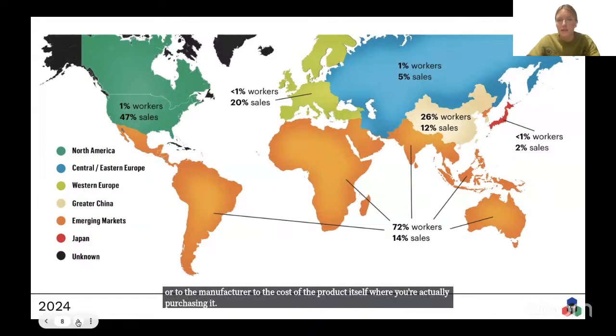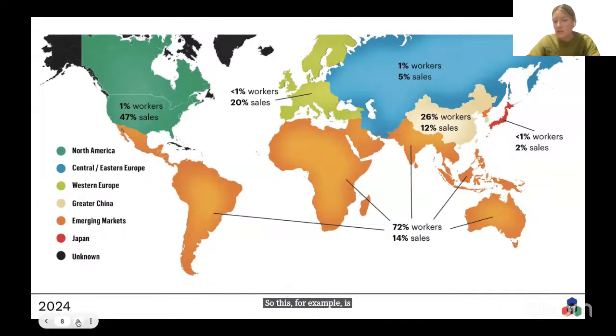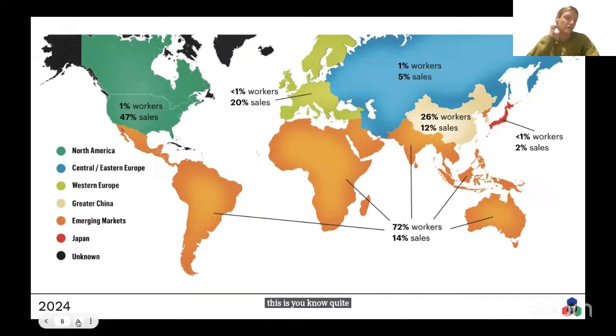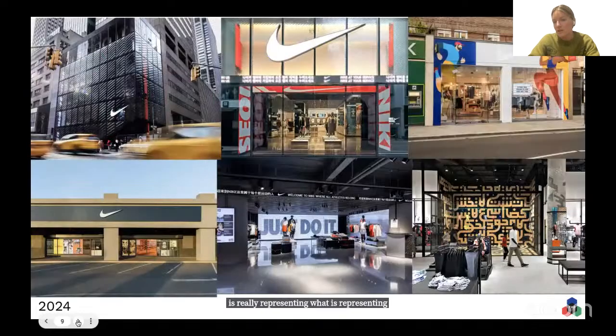So this, for example, is a great map that shows the percentage of people who work on the shoe versus the percentage of people who purchase the shoe. This is quite impactful when we look at also how this very humble product is really representing what is wrong with the way in which we consume.